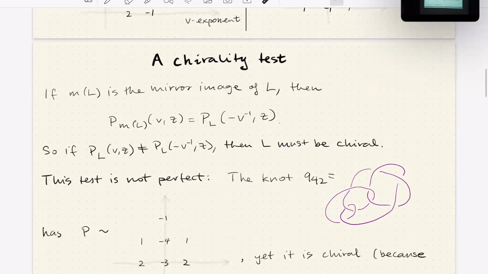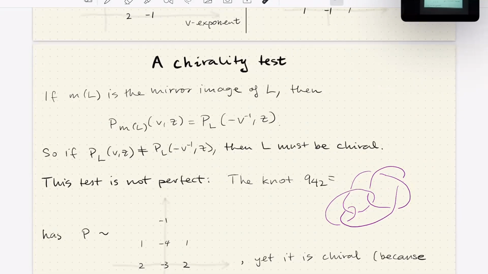So let me also remind you, this might be interesting to some, that the Humphrey polynomial is a pretty good chirality test. So if you are wondering if the knot that you're looking at is chiral, that is to say, is it equivalent to its mirror image or not, then evaluating the Humphrey polynomial is a good idea, because when you mirror a knot, you go to M of L instead of L, the mirror, then the Humphrey polynomial changes to this.